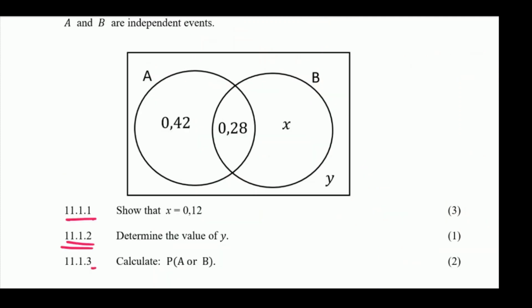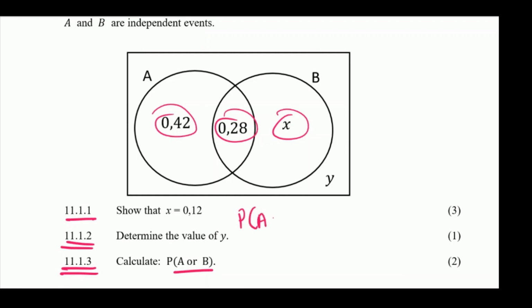We're going to find 11.1.3. We are asked to find the union of A or B, right? So the union of A or B, it's everything that is inside here, right? So how can we find that?